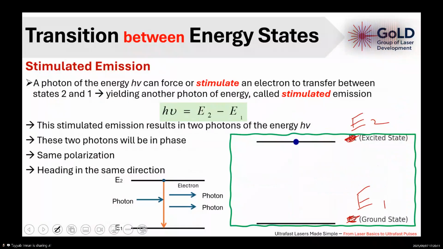As you probably all know, stimulated emission is very important. Without stimulated emission, we cannot have a laser. And to have a stimulated emission, we need to have a spontaneous emission, and spontaneous emission is always there.